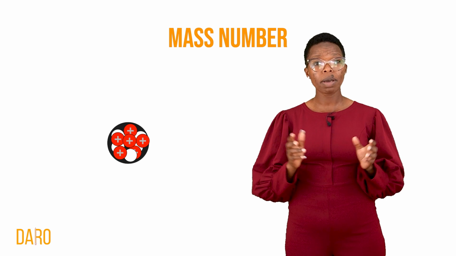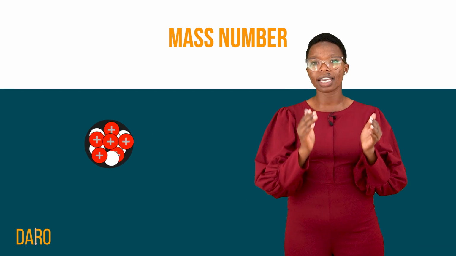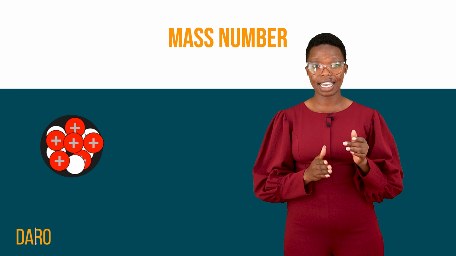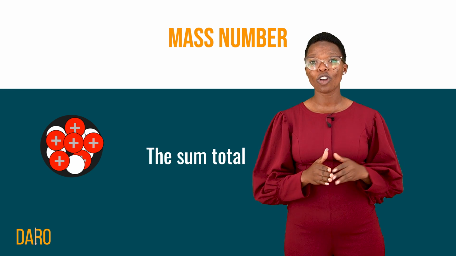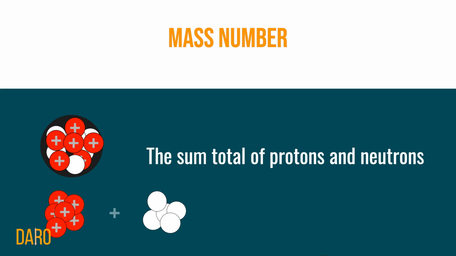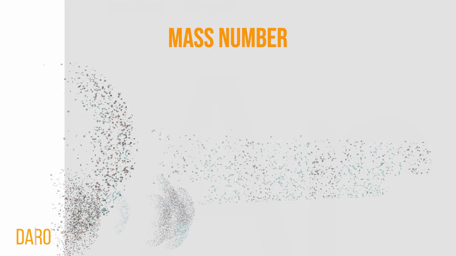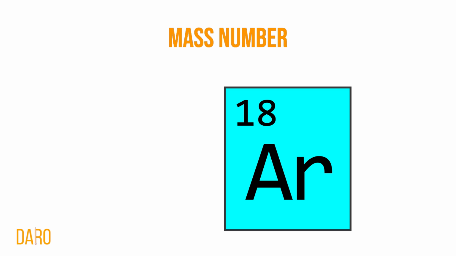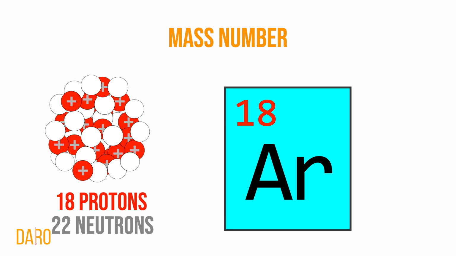Now on to the mass number. Do you remember we said that protons and neutrons are together in the nucleus? Yes. The mass number is the sum total of protons and neutrons in the nucleus of an atom. Let's take argon as an example. Argon has 18 protons and 22 neutrons.